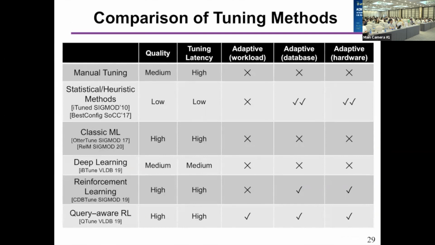So we can say that manual tuning usually has high tuning latency, and some heuristics can adapt to databases, but rely on some training data. And reinforcement learning can adapt to different databases and hardware. And deep learning, because it relies on some training data, is not very easy to adapt to different scenarios.